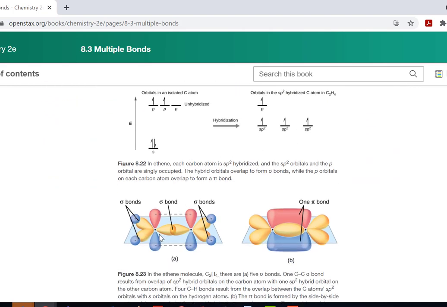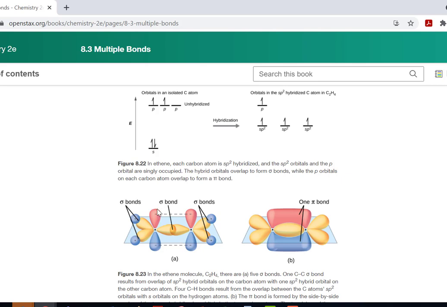The bond between the carbons is a sigma bond, between sp2 hybrid orbitals. The bonds between the carbon and any of the hydrogens are sp2 to s orbitals. So we have a hybrid orbital and an atomic orbital overlapping to form sigma bonds. So we can describe all of the sigma bonding.